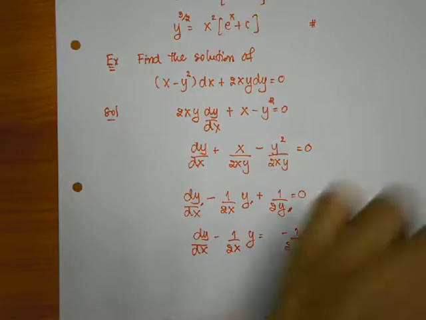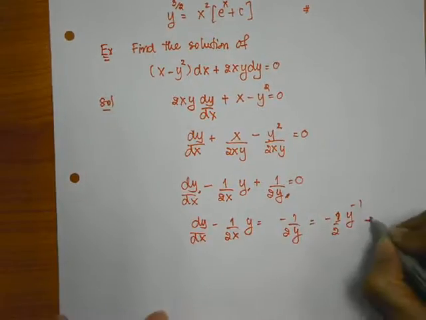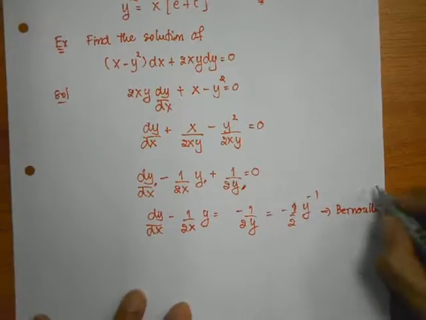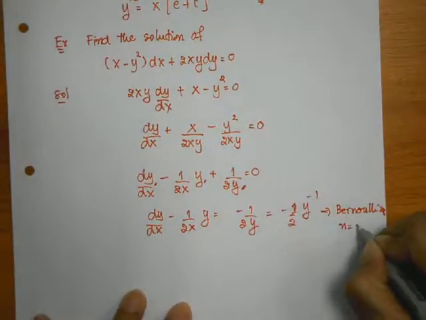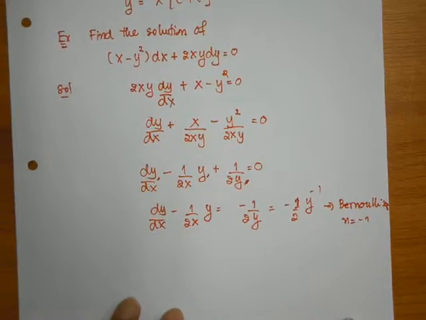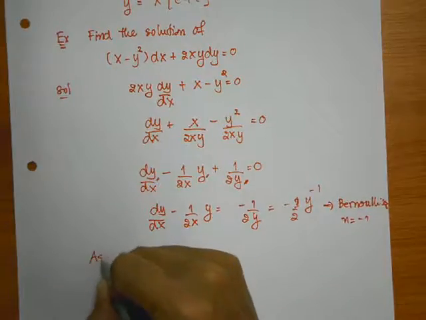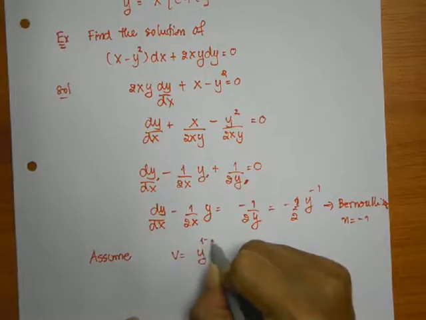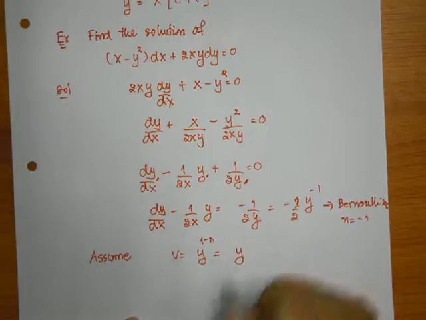Now you know it's a Bernoulli equation with n equal to -1. So we are going to solve for the answer of this equation by using the Bernoulli equation technique. Then we assume v is equal to y to the power 1 minus n, which is equal to y to the power 2.